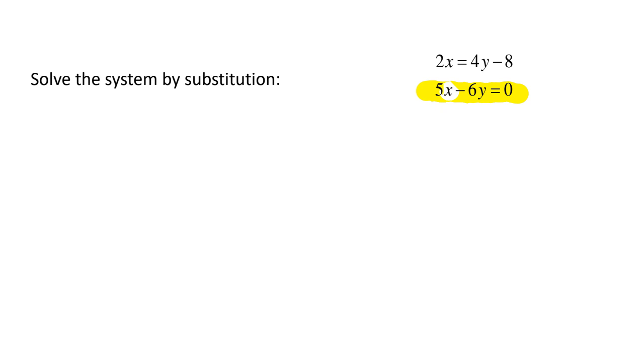But if you look at the first equation, now I have 2x by itself. The 4y minus 8 is on the other side. But if I divide every term by 2, I would get x is equal to 2y minus 4.